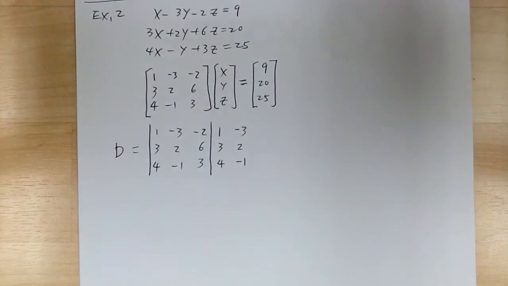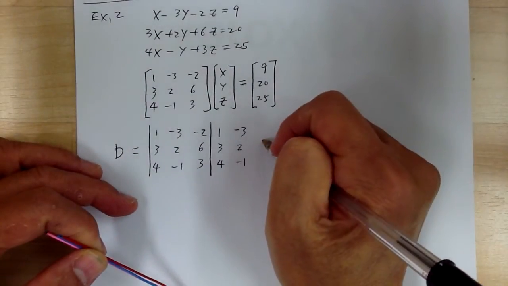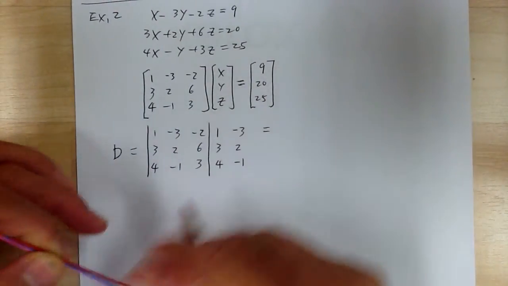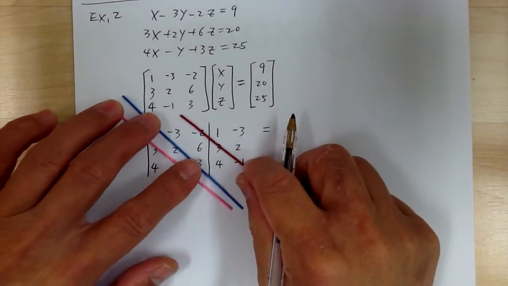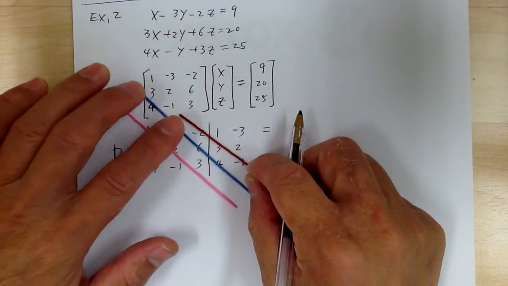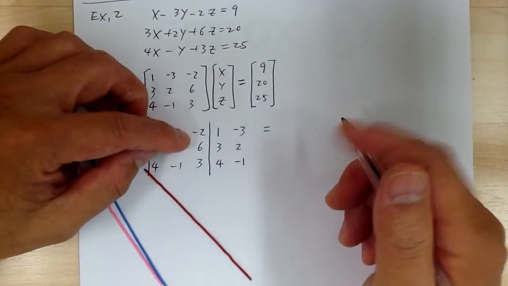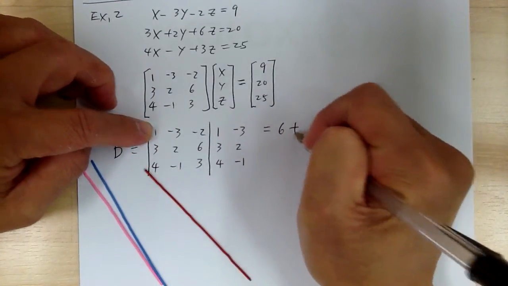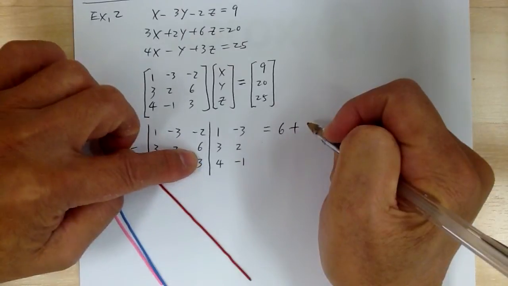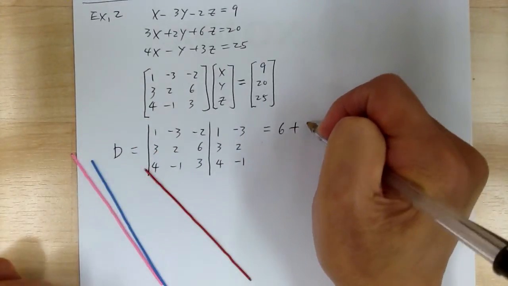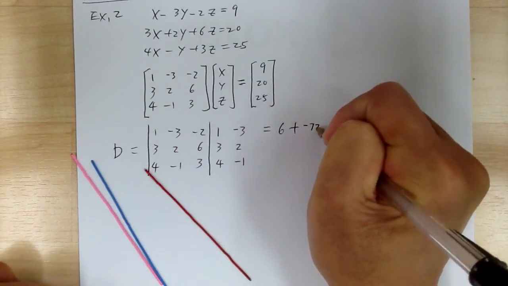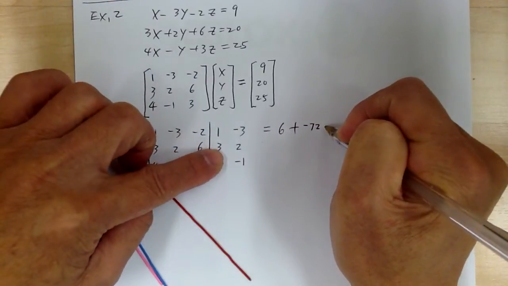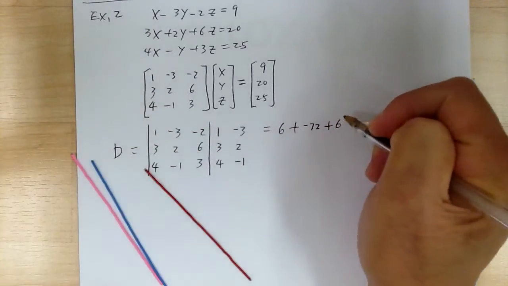And you have to do the diagonals. You have to do these 3 diagonals. I'm doing this diagonal, so this is plus 6, then 24, 72, and this one would be plus 6.